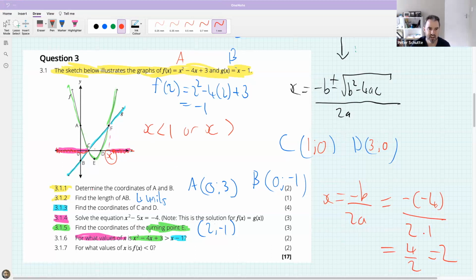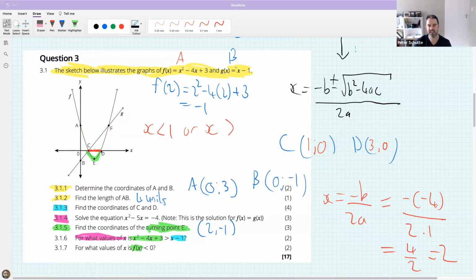Last question for today. For what values of x is f of x, which was the green one, less than 0? Now, what this means is it's saying for what values of x is the green one below the x-axis? So when is the green graph, or f of x, less than 0? When is it below the x-axis? So to me, it looks like this is the time where it's below the x-axis, and I have to describe this region here.